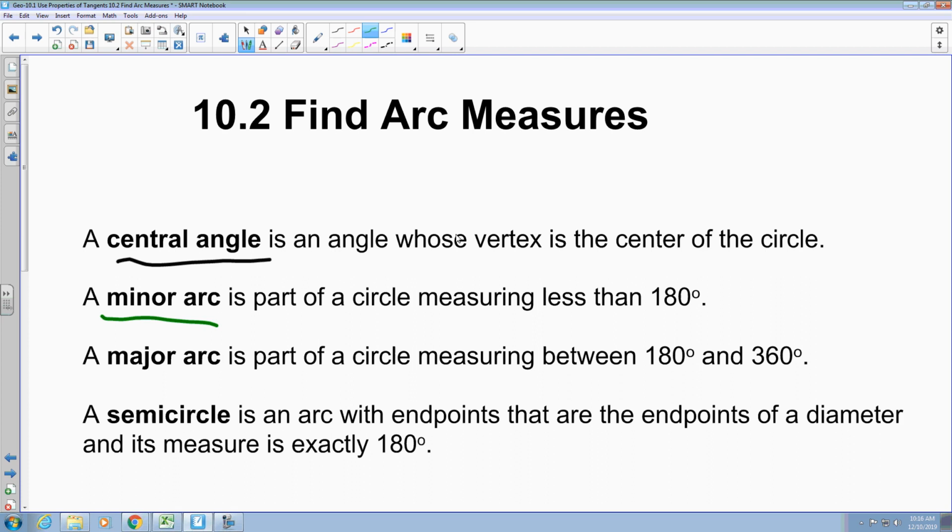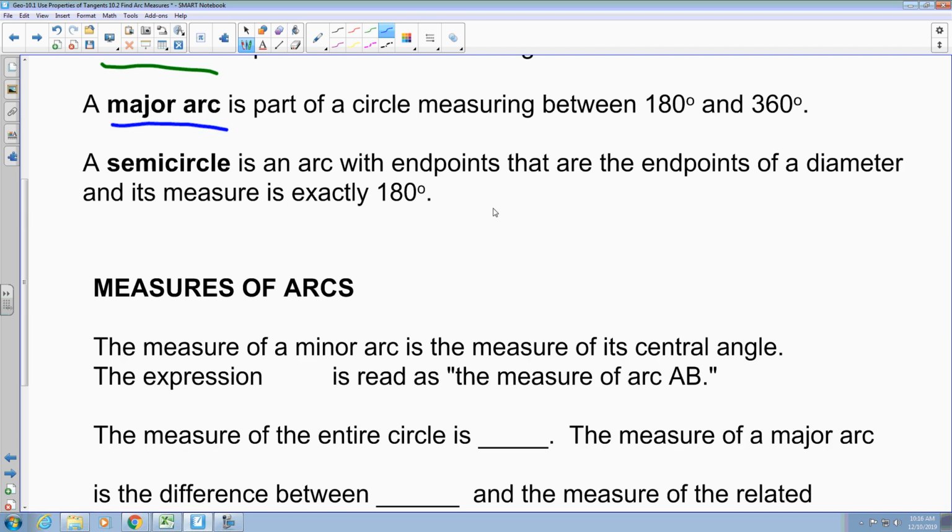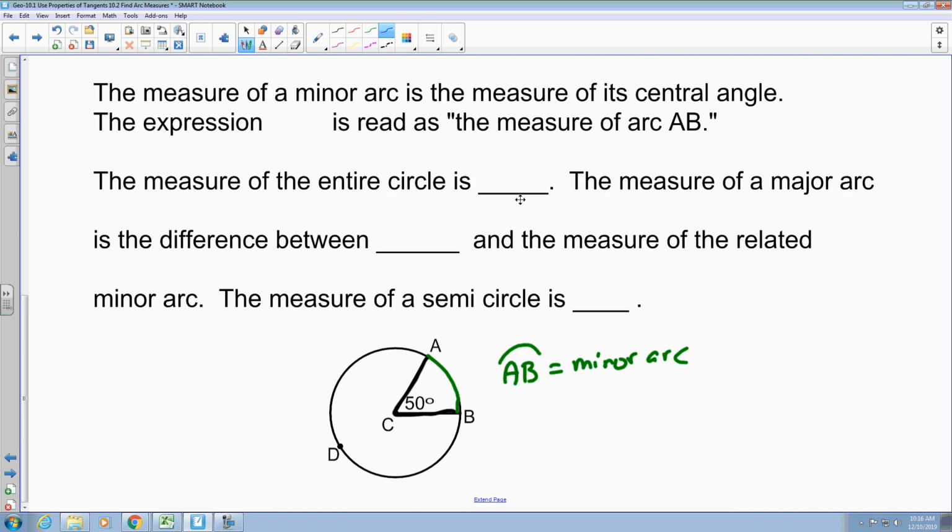The next one, a major arc, is anything between 180 degrees and 360 degrees. This is considered a major arc in this particular diagram, and it is labeled with 3 points. In this case, it's A, D, B. That is our major arc in this diagram.